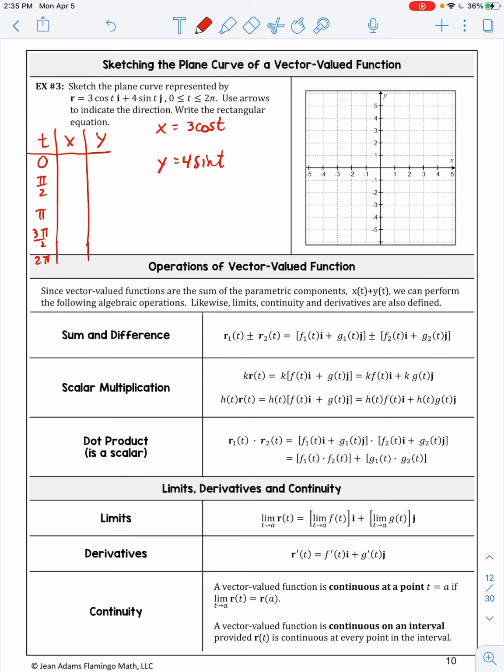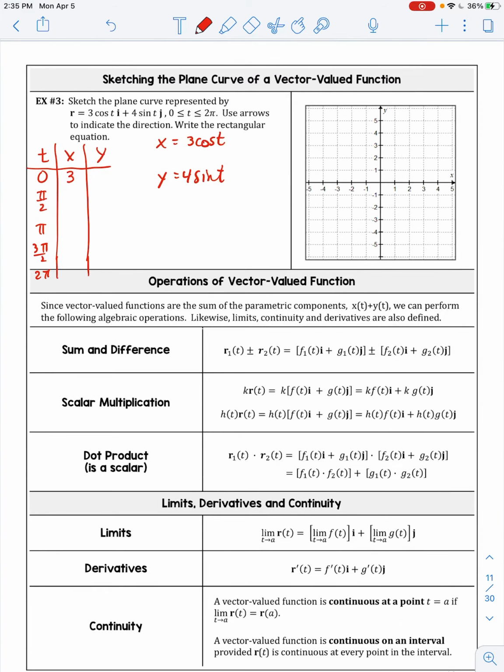So 3 times the cosine of 0 is 3, and 4 times the sine of 0 is 0. And then 3 times the cosine of pi over 2 is 0. 4 times the sine of pi over 2 is 4. 3 times the cosine of pi is negative 3. And 4 times the sine of pi is 0. 3 times the cosine of 3 pi over 2 is 0. And 4 times the sine of 3 pi over 2 is negative 4. And then 3 times the cosine of 2 pi is 3. And 4 times the sine of 2 pi is 0.